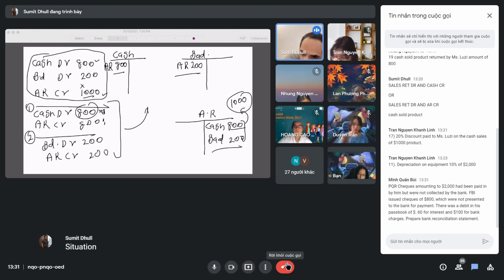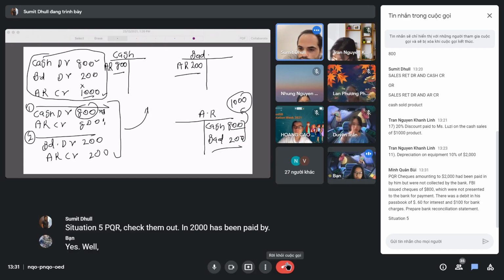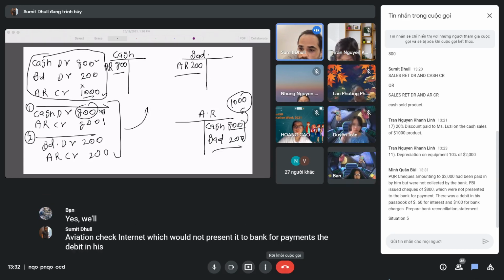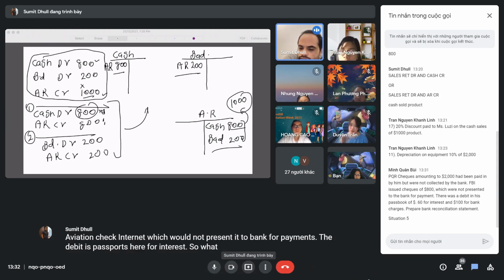Situation 5. PQR check amount 2000 has been paid by the bank. FBI should check here which were not presented to the bank for payment. The debit in his passbook for interest. So what is your question?